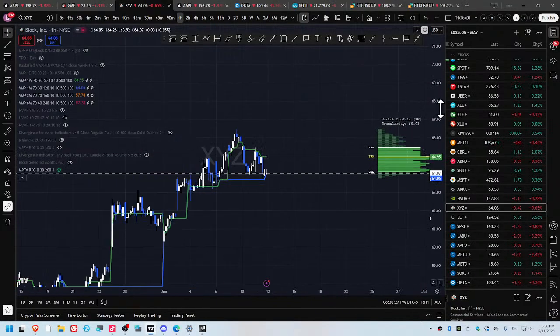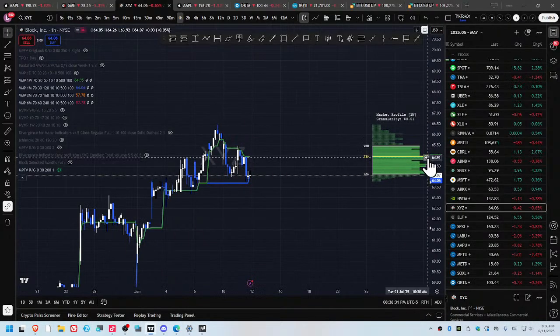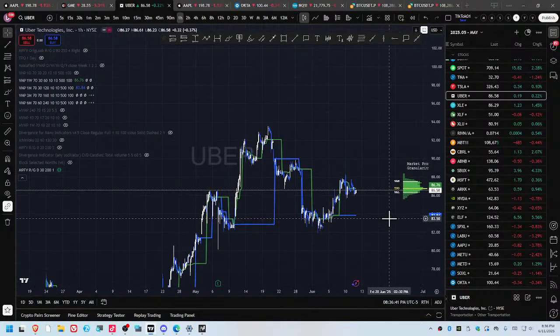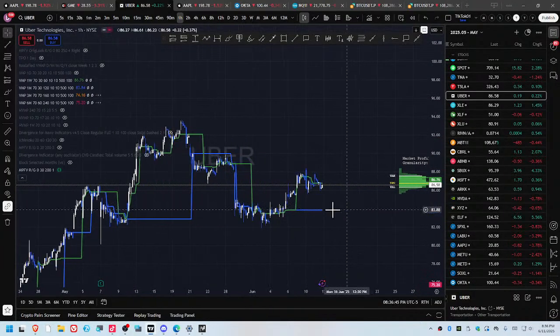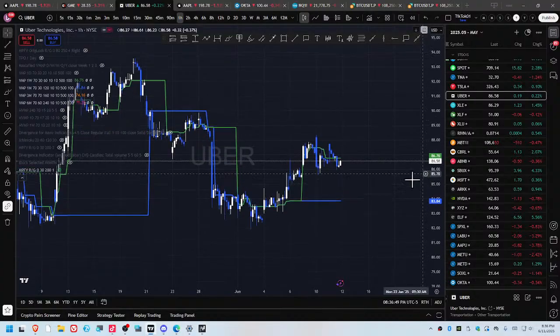And did I set a target higher? No, I'm going to set an alert at the point of control. And then I think if I checked Uber, yeah, I got out of Uber because it's chopping around below the weekly right now.